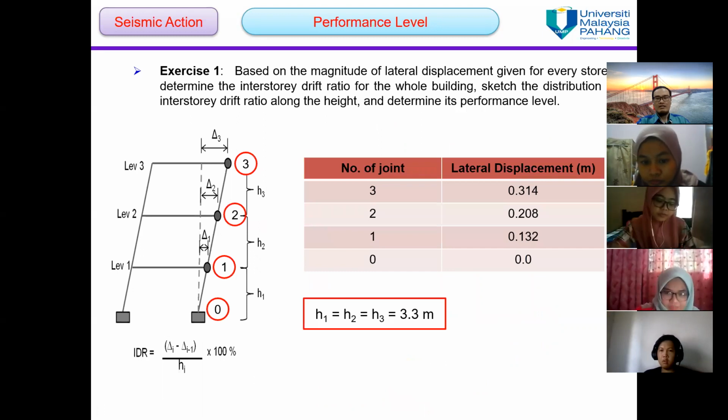Okay, let us try this exercise. Based on the magnitude of lateral displacement given for every story, determine the interstory drift ratio for the whole building.